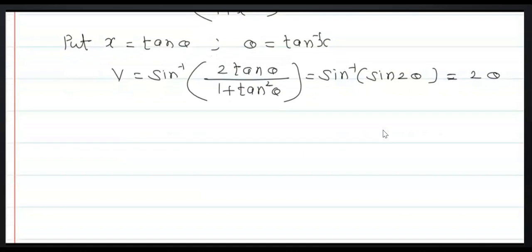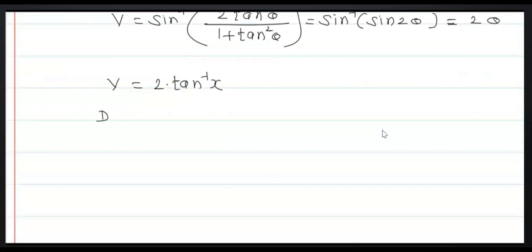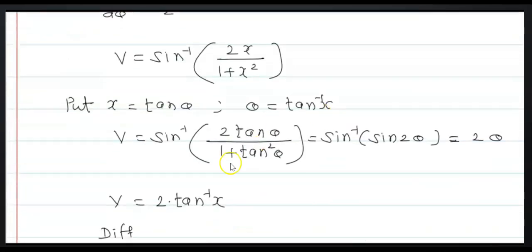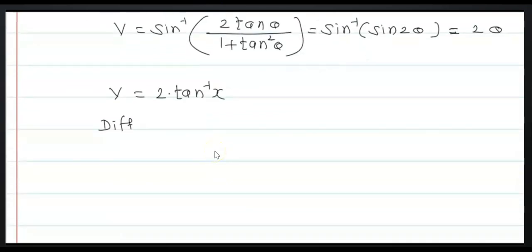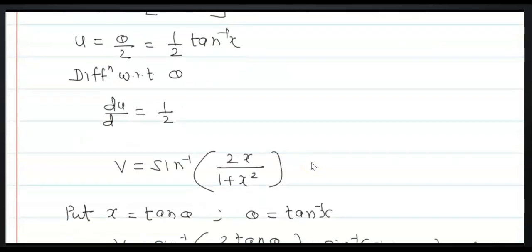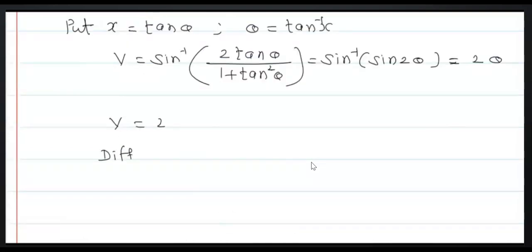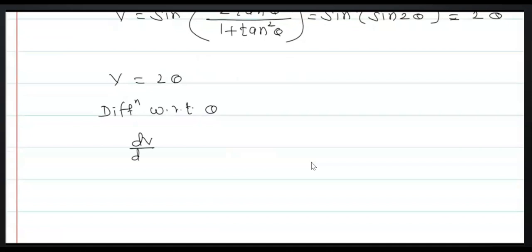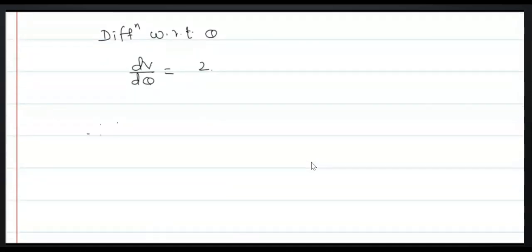Now we have the variables, that is v is in theta, u is also in theta. Also we can differentiate, no problem. Here we have to change it. That is 1 upon 2 tan inverse of x, their differentiation. That is du by dx is equal to 1 upon 2 into 1 upon 1 plus x square. Differentiate with respect to theta again.